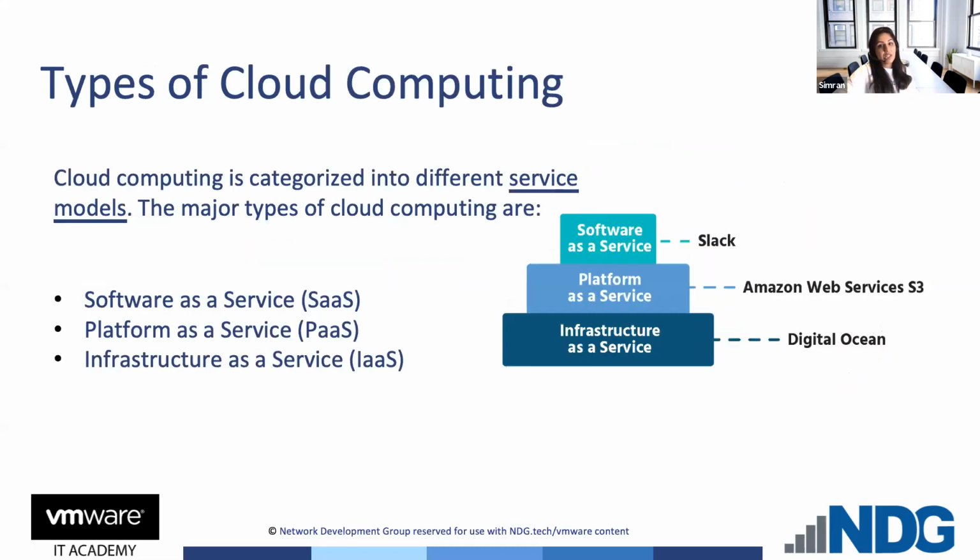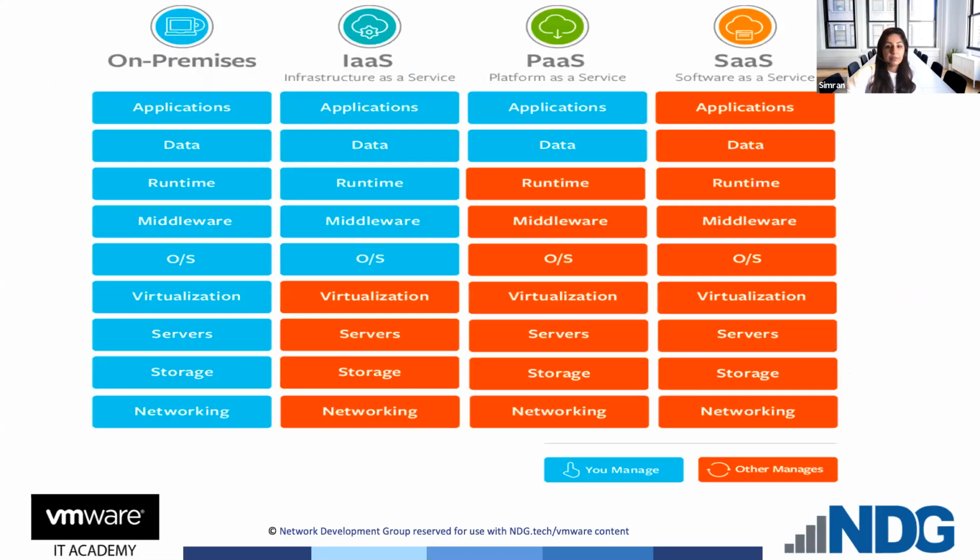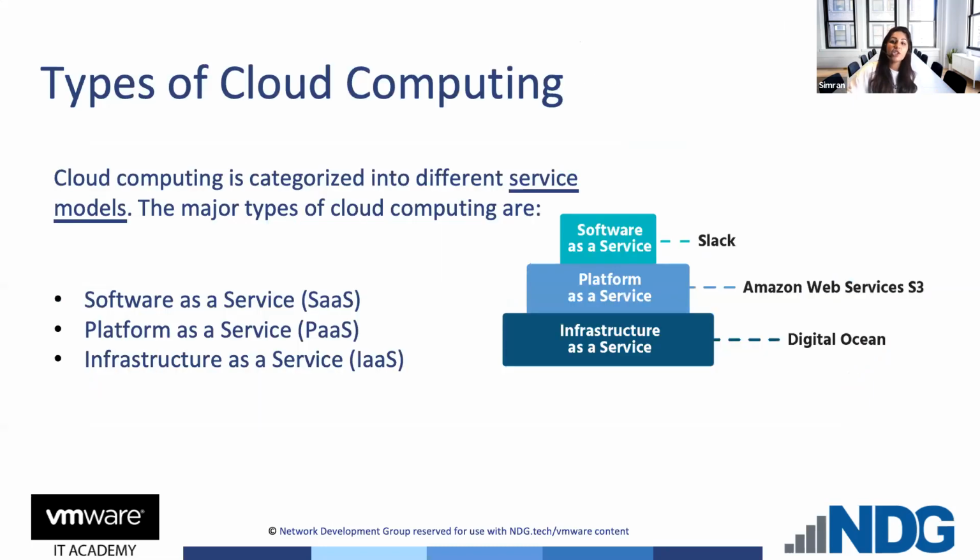So essentially, we have three types of cloud computing, right? We have something called software as a service, which is, as you see on the top. These are essentially for customers.